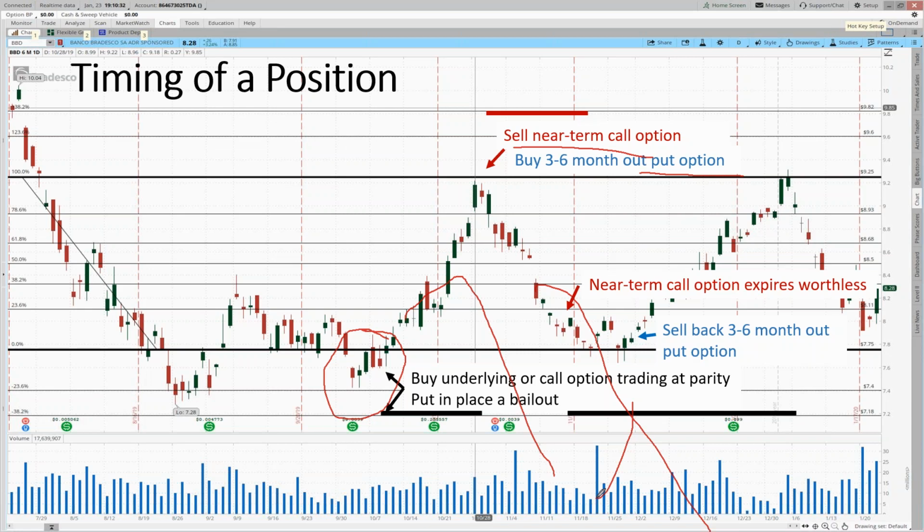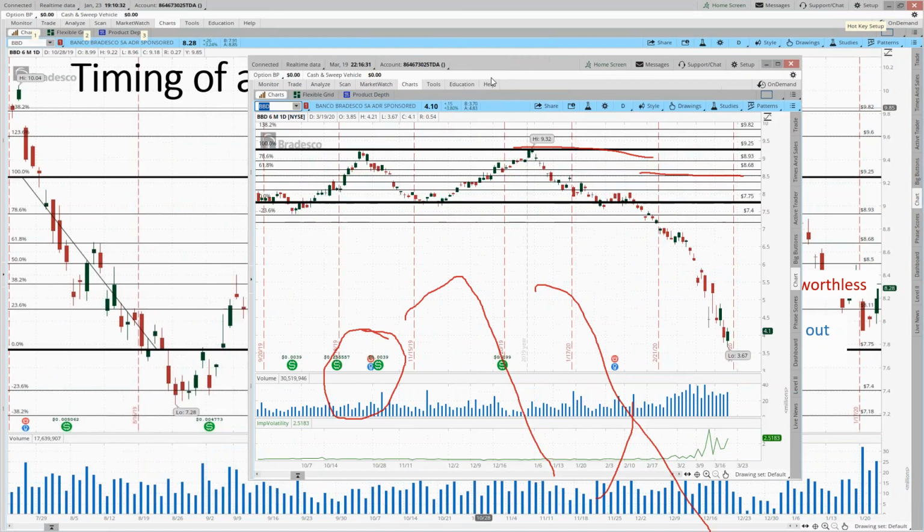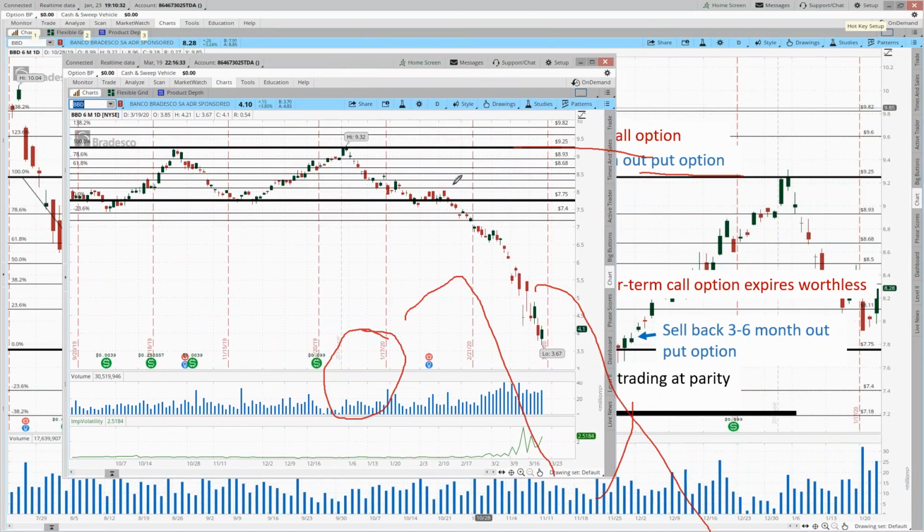That put that I bought on Brandisco, I bought a put for 15 cents. Currently, that put is worth, let's see, I'm going to look it up. The put that I purchased for 15 cents.